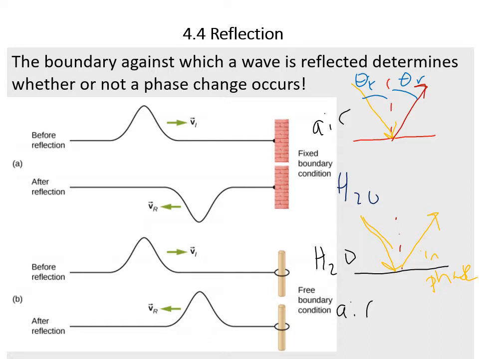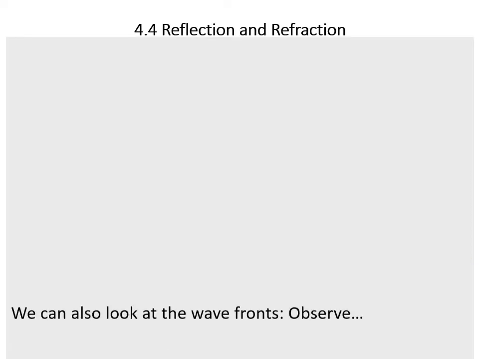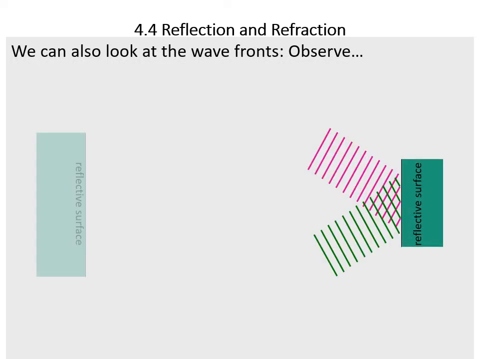You will have to know when waves become phase shifted. They become phase shifted at the fixed boundary condition. They do not experience a phase shift at the free boundary condition. So let's look at not just rays but wave fronts. Observe. We have a series of wave fronts, and they are reflecting off of some reflective surface.